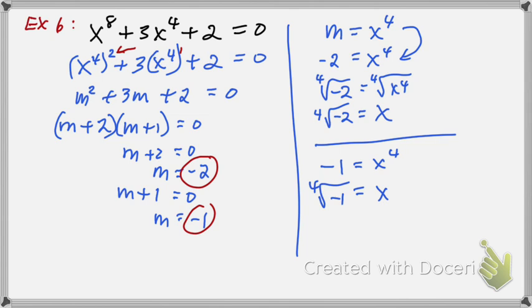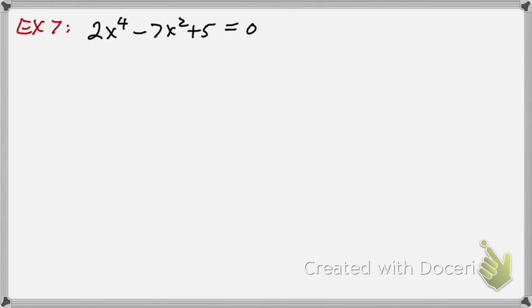All right, let's take a look at another one. Holy cow. So I'm looking at that middle term, and it's negative 7 times x squared, but I'm really interested in the x value. So I'm going to say m just equals x squared.